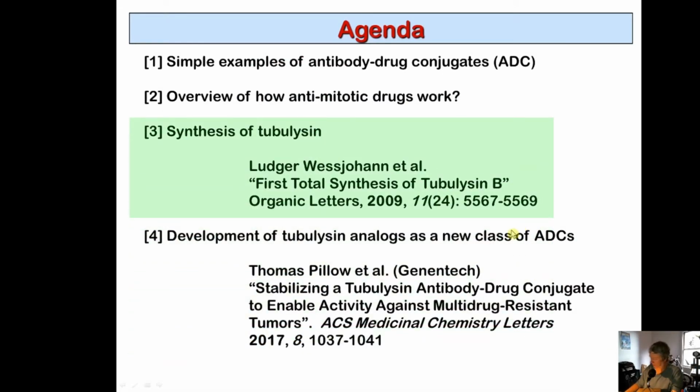Okay, so we're going to talk about this molecule called tubulysin, and we're going to step through a synthetic paper, actually, but this should be within your grasp. It's a nice Organic Letters paper.